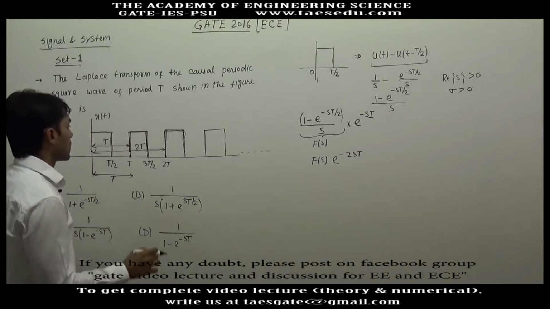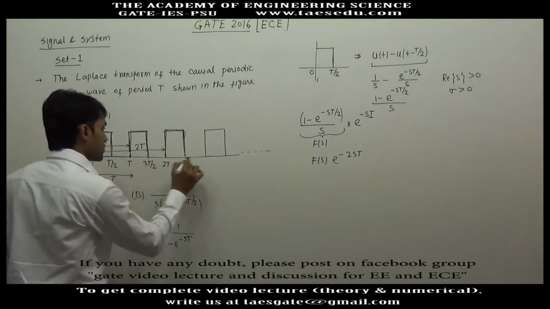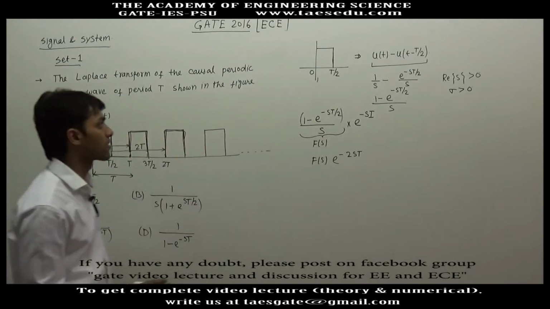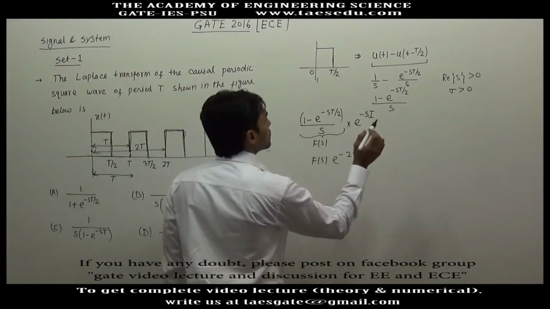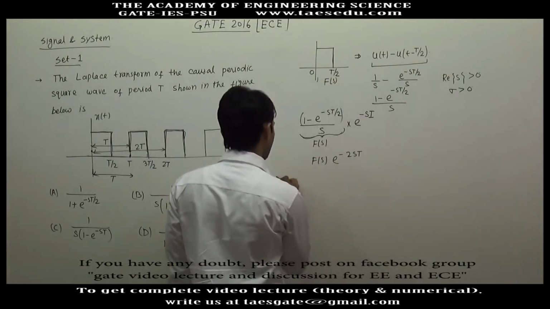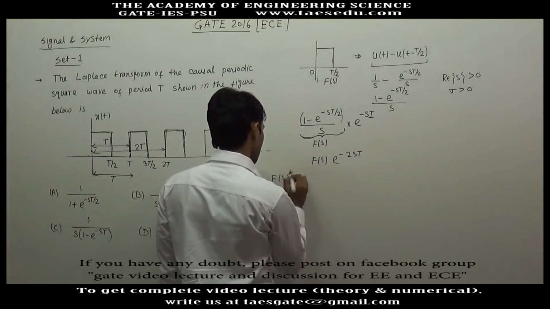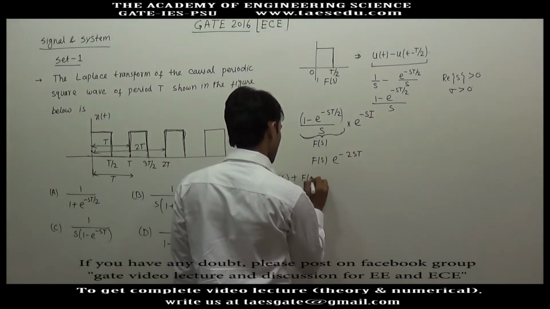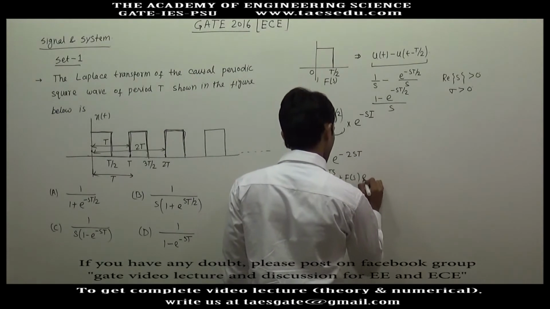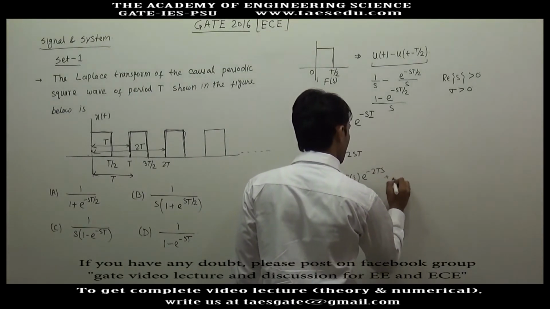So the Laplace of this whole signal will be the addition of the individual Laplace of each block. The overall Laplace will be F(s) plus F(s) into e to power minus sT plus F(s) into e to power minus 2sT, and so on.